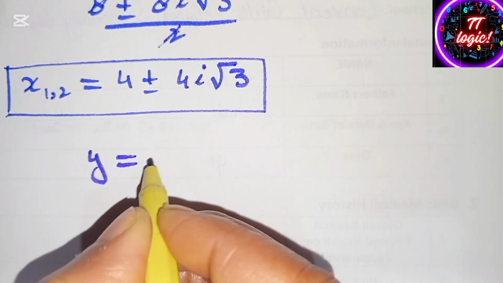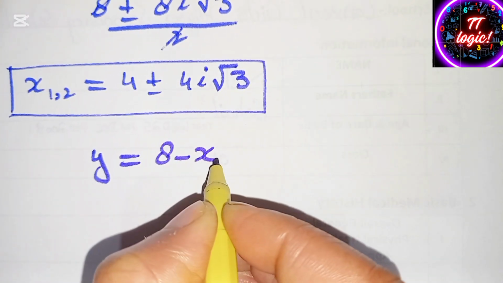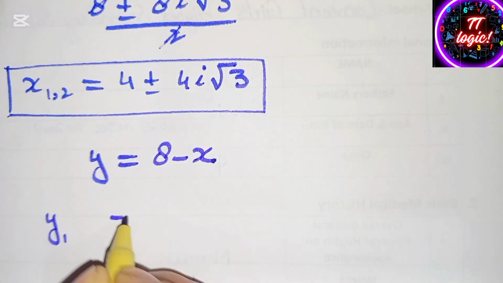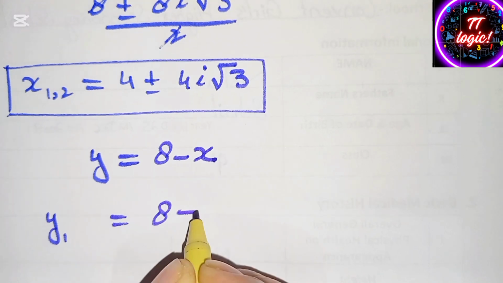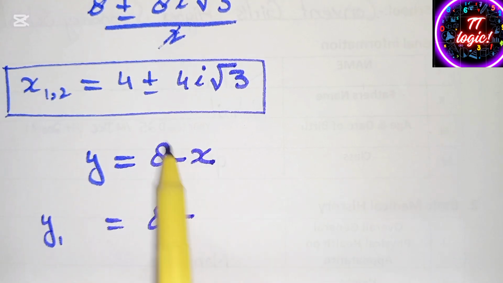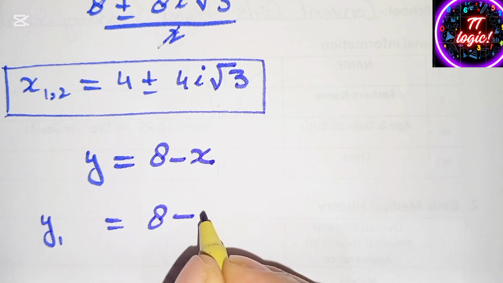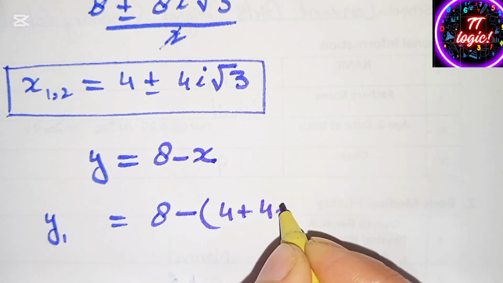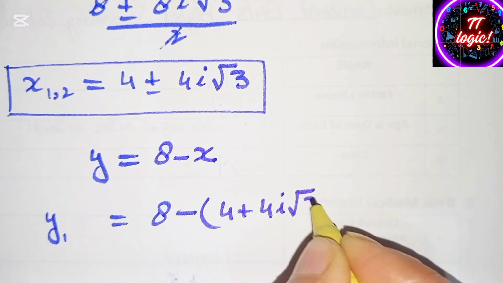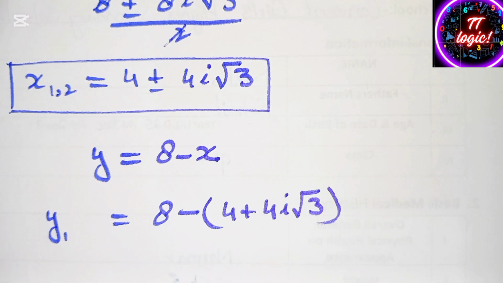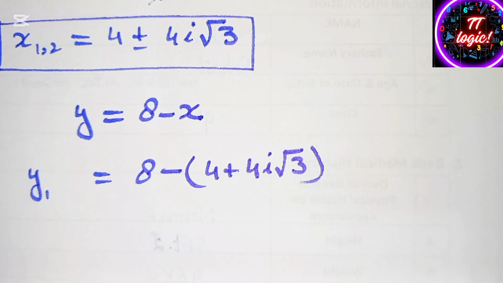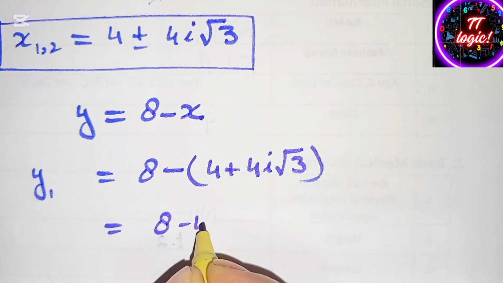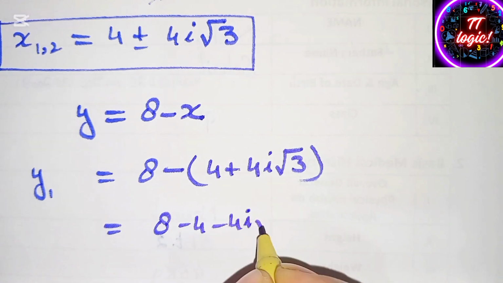Y is equal to 8 minus x. The first value of y is equal to 8 minus, and here we put the value of x, which is 4 plus 4i square root 3, so 8 minus 4 minus 4i square root 3.